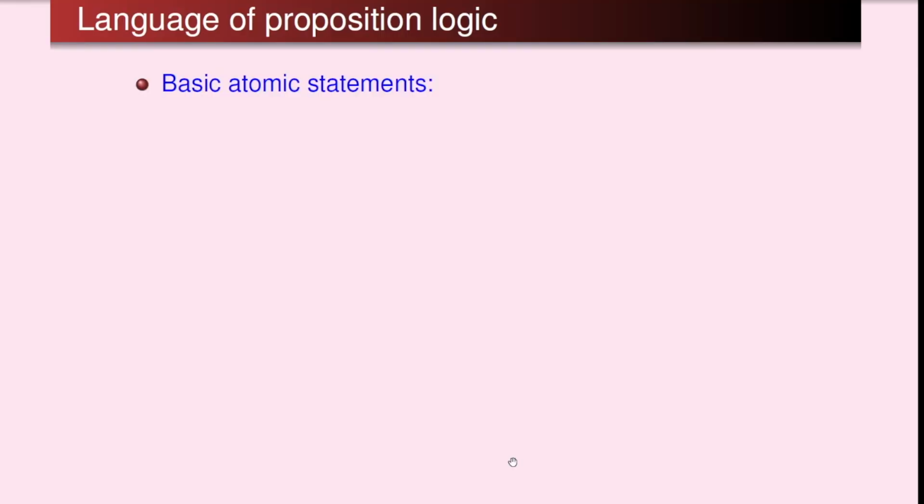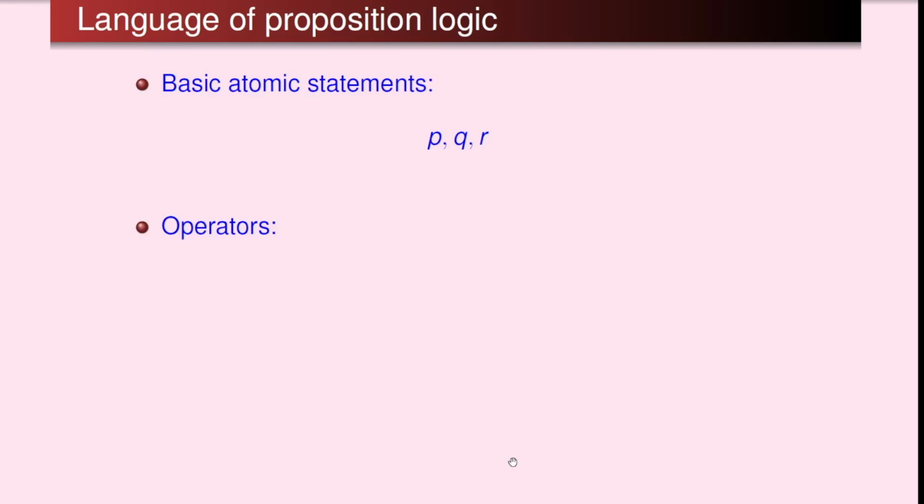Now, when we talk about propositional logic, this is a quick recap of your discrete math, where we start with syntax and semantics. Any logic will have a syntax and a semantic side. The language of propositional logic will have the basic atomic statements P, Q, R. P can be something like it is sunny today, Q can be I have taken the umbrella, R can be something else, like it is not sunny.